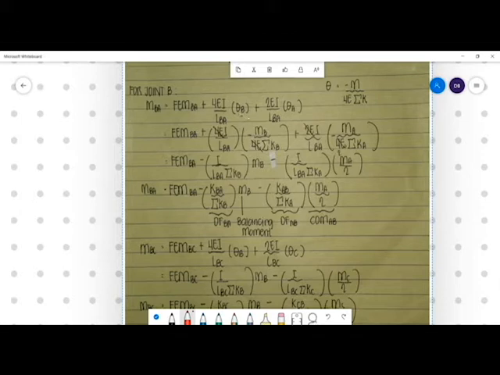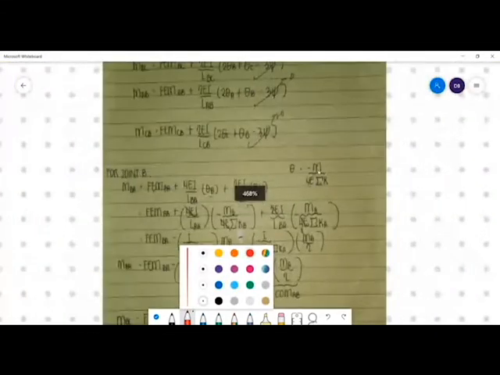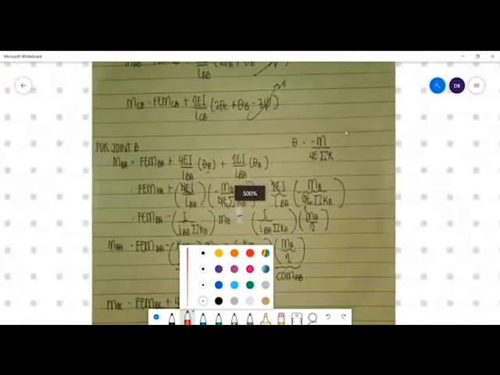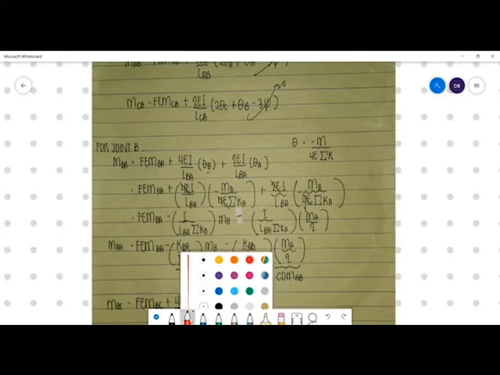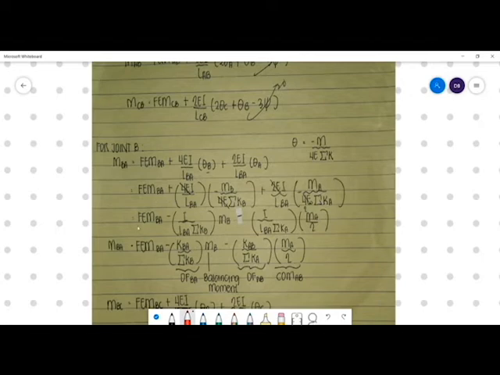So yung theta B natin dito, nakuha ko yan dito. So yung theta B, it's just equal to the negative M over 4E summation of K. M sub B over 4E summation of KB plus 2EI over LBA times negative MA over 4E summation of KA.